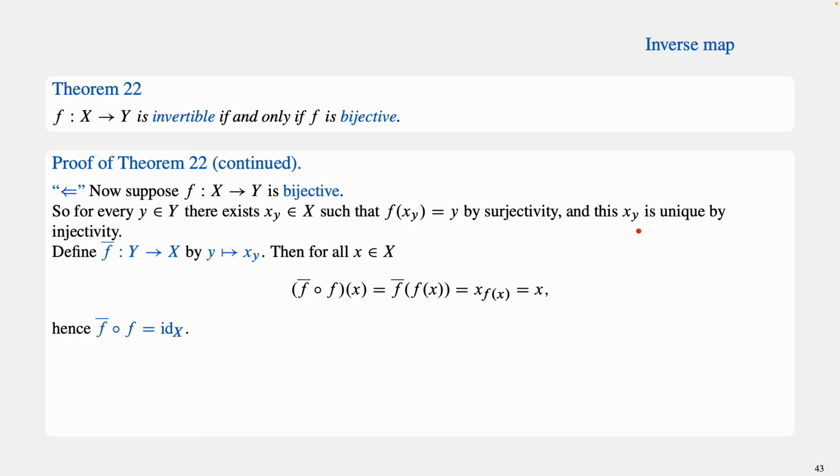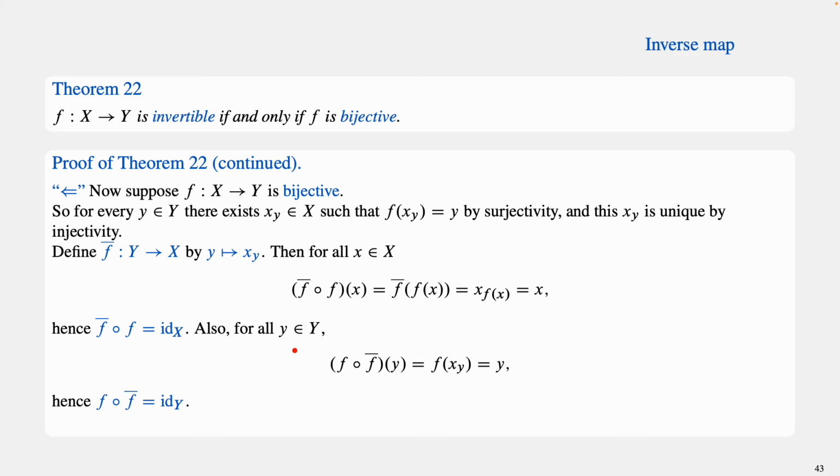But if you look at how we defined these elements x index y, this is just x, because it's simply the element that under the map f gets mapped to f of x, and that's just x. So it follows that f bar composed with f applied to x is x, so it is the identity on X.